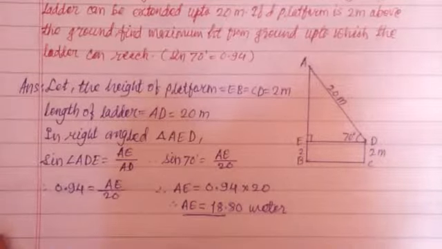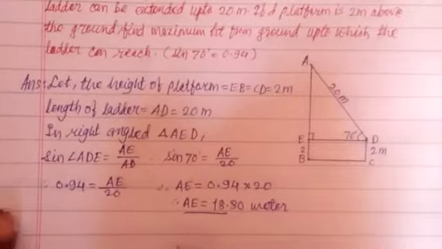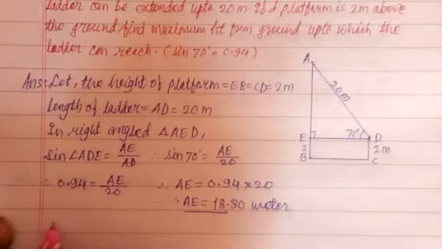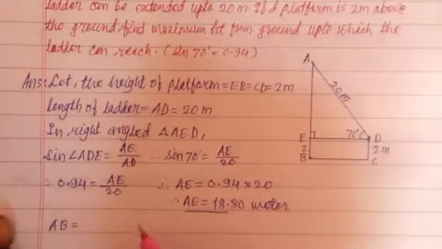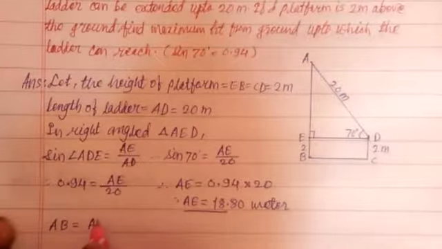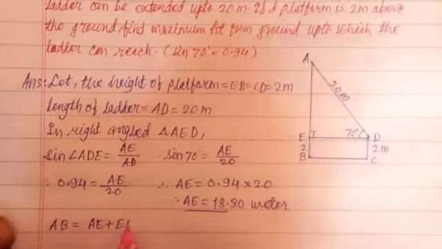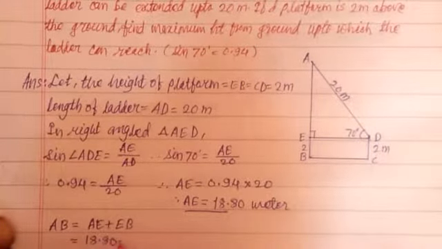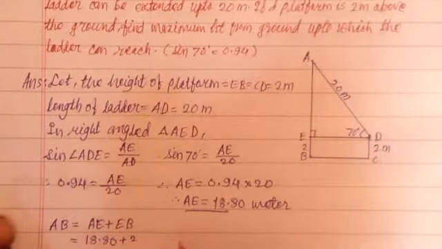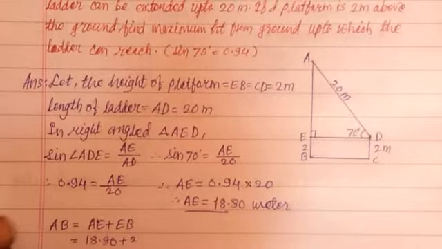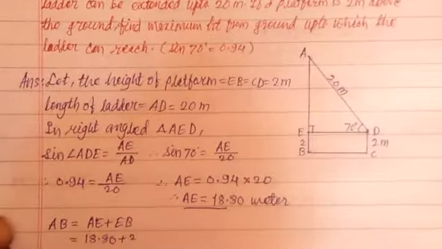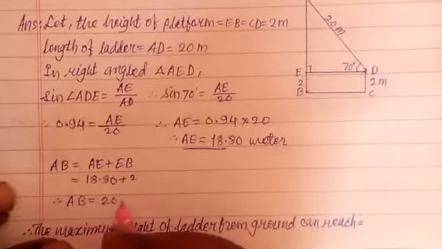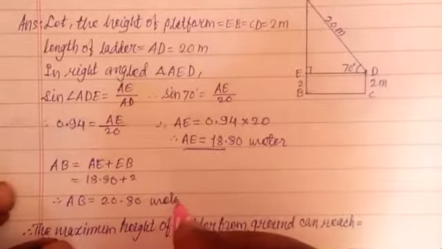Now we have AB is equal to AE plus EB, which is equal to AE is 18.80 plus EB is 2, and hence AB is equal to 18.80 plus 2, which is 20.80 meter.